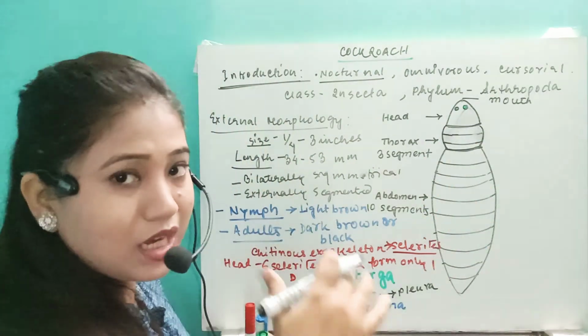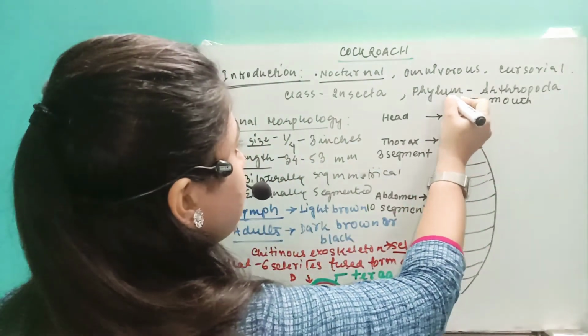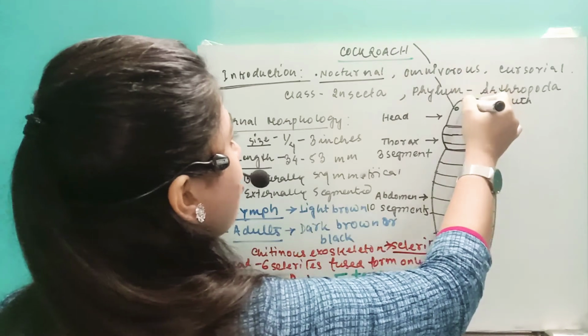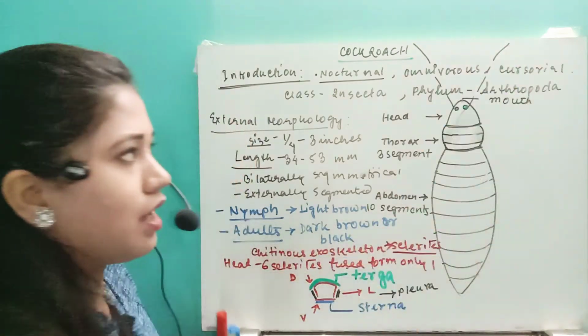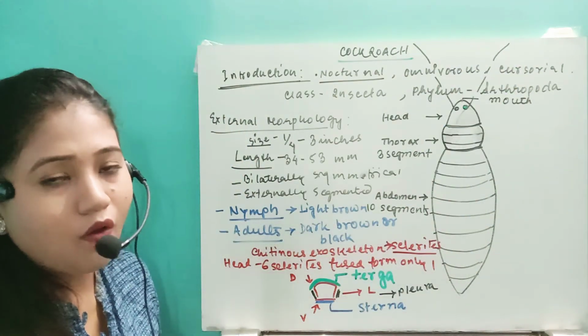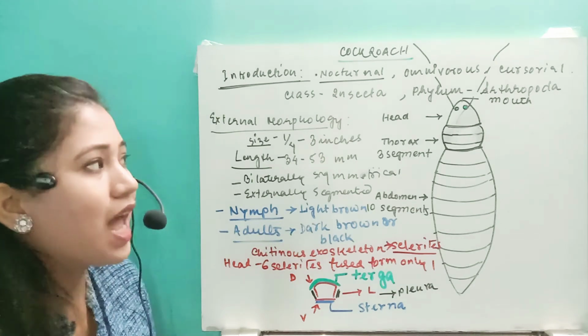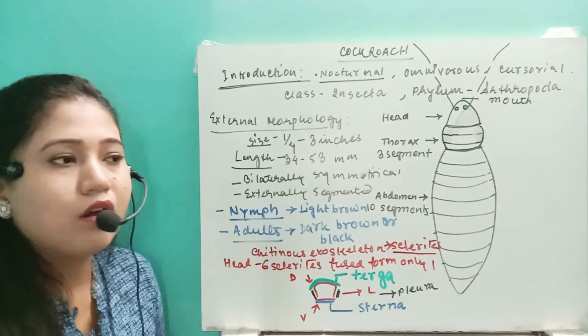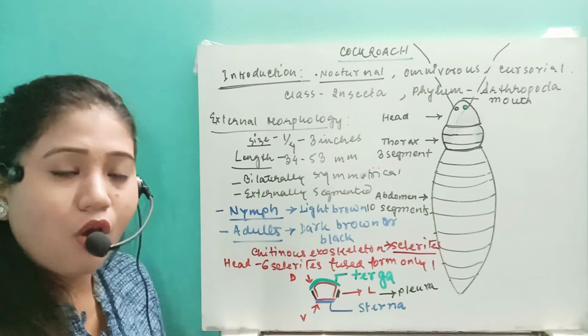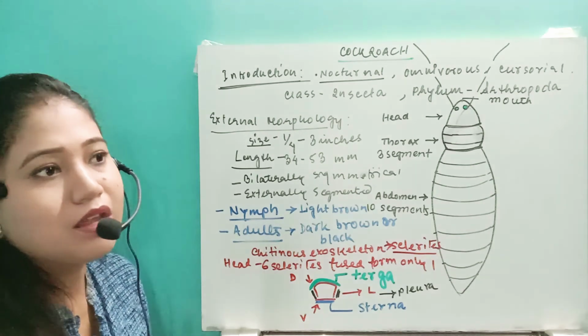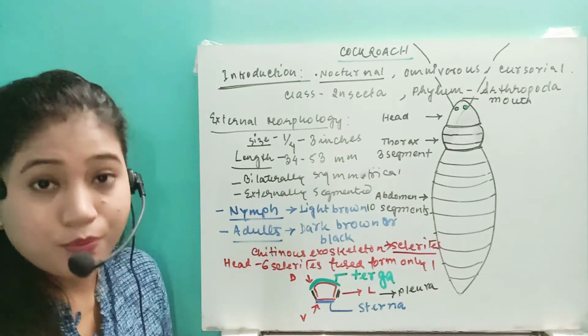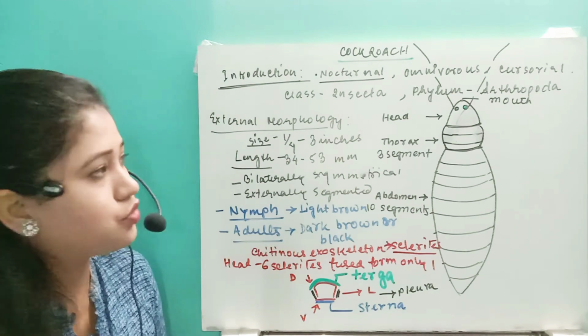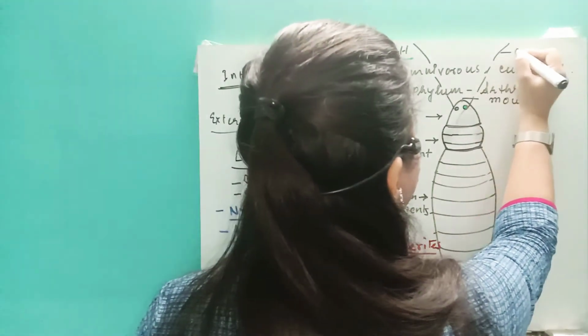Actually they have a long antenna. They have a pair of antennae which help in searching for food nearby, or in sensing any objects nearby them. So that is the antenna.